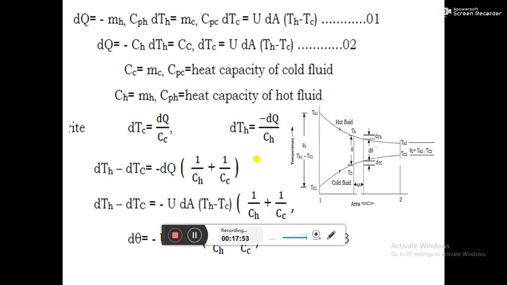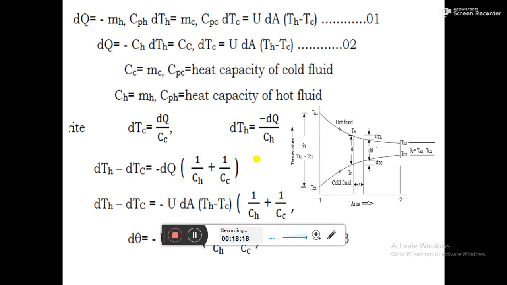We used a negative sign here because the hot fluid is releasing heat, losing its heat content. The same quantity of heat is absorbed by the cold fluid, and it is given by the equation mc into cpc into dTc, the heat transfer equation at constant pressure.